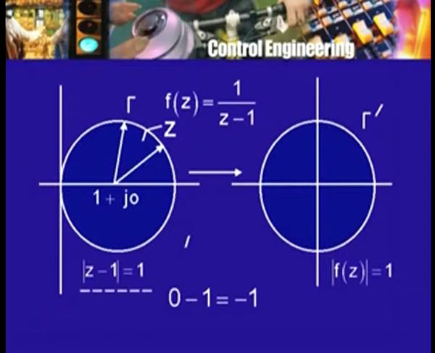So here mod z minus 1 was equal to 1, this vector. So here mod f(z) is 1, it is a constant. What about the argument? The argument of this of course goes on changing, but then f(z) is 1 divided by z minus 1. So the argument of f(z) is the negative of the argument of z minus 1.